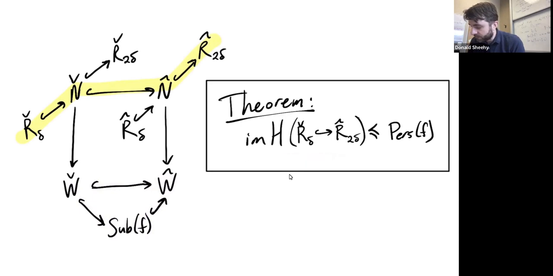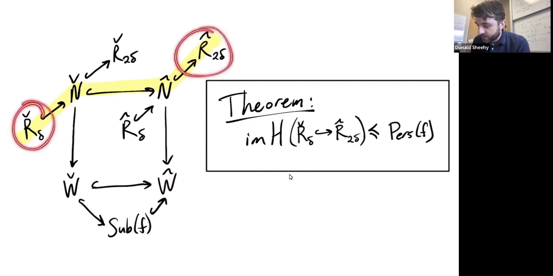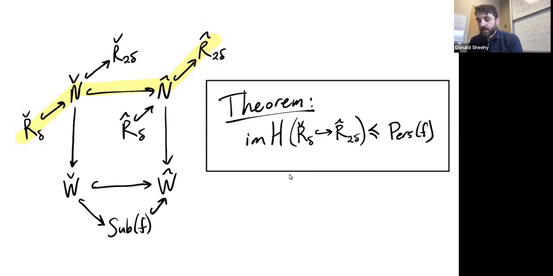And I guess really the barcode on the left here is going to be a sub-barcode of F, just because you can also map it through here. And the idea again is that this inclusion factors through, in homology, this image persistence module associated with this map, which is equal to this image persistence module.